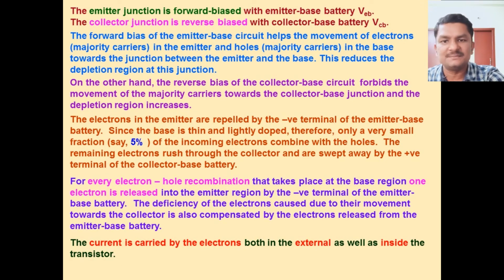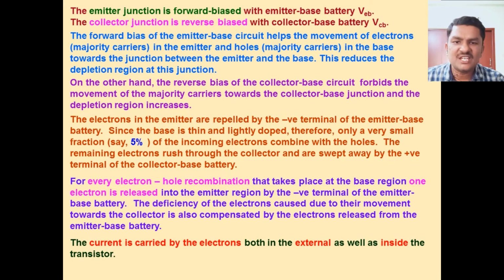This is important. For every electron-hole recombination at the base region, one electron is released into the emitter region by the negative terminal of the emitter-base battery.